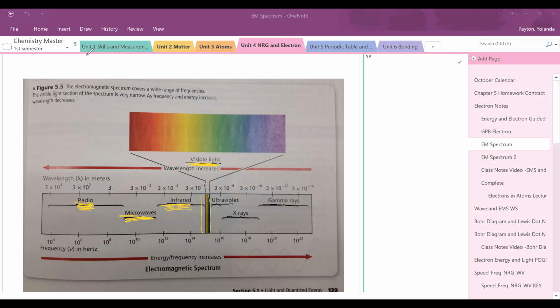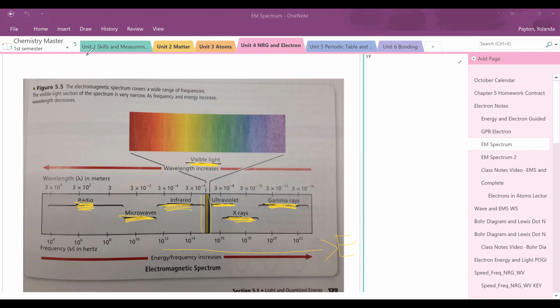Then you have ultraviolet rays, X-rays, and gamma rays, okay. This particular one is in order of increasing energy going this way. So as I go this way, the energy is increasing, which means those waves are getting stronger, okay? And if they're getting stronger and have more energy, they are more likely to hurt you, okay?